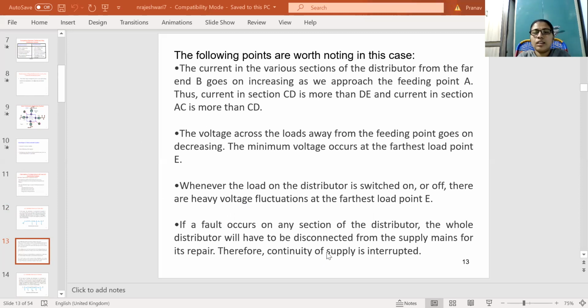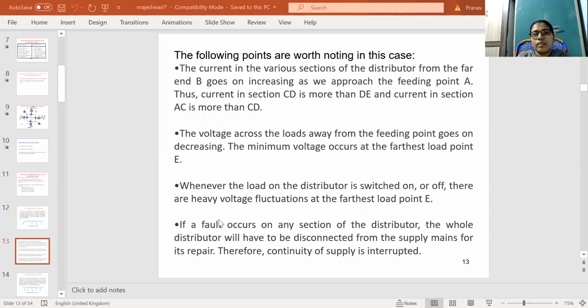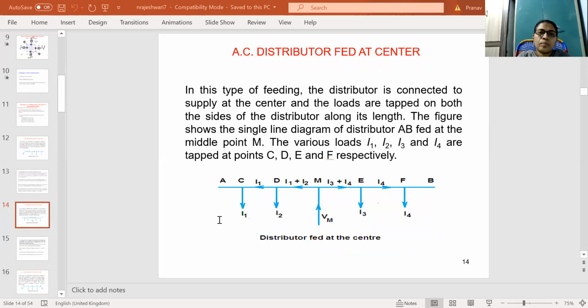Therefore, continuity of supply is interrupted, as it is fed at only one end. So if any fault occurs, the total distributor will be disconnected from the supply to eliminate the fault, and continuity of supply is interrupted.